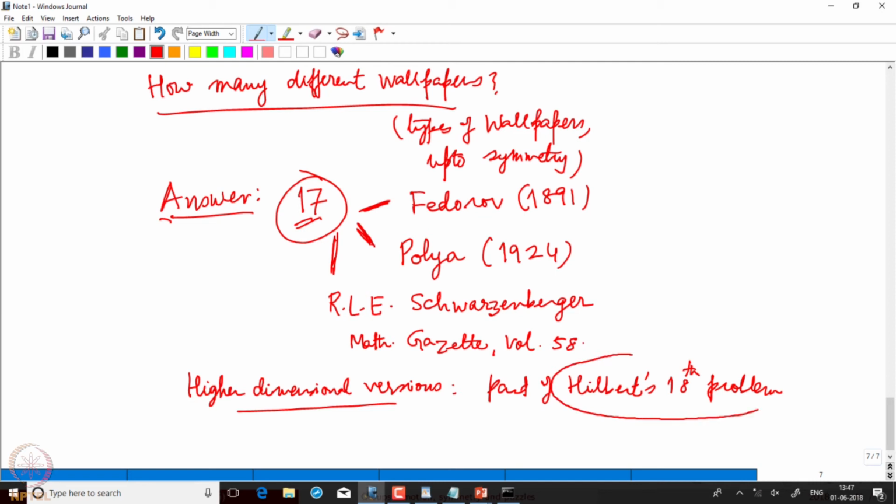Those who know what Hilbert's problems are, in the year 1900 in Paris, Hilbert proposed 23 problems, and that was his expectation from mathematicians for the next 100 years, what he would like people to work upon. So problem 18 has a portion where he is asking about higher dimensional versions of this theorem of Fedorov, which says that there are only 17 wallpaper patterns, and there are certain names. I can just mention some of those names.